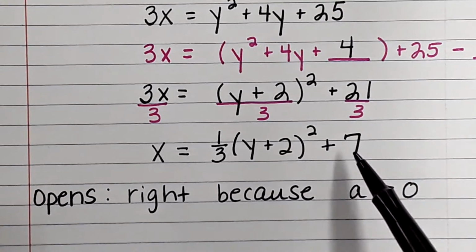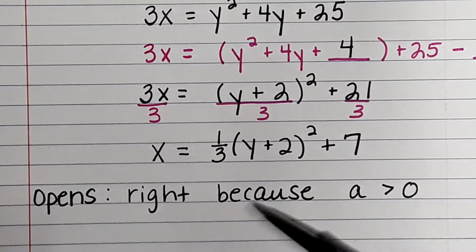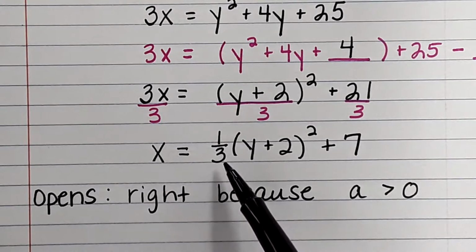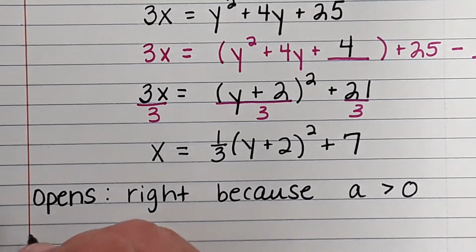So this is our vertex form. We know that this is an equation for a right or left parabola. We know it opens right because a is greater than 0, a being 1/3, that's greater than 0.